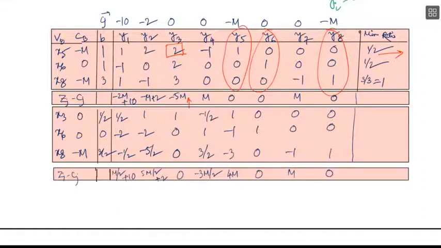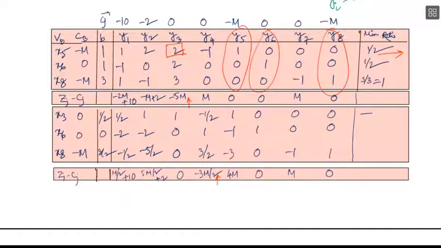Here also we see there is a negative component in zj minus cj. So x4 will come into the basis now, and we have to decide the departing variable. As we see in the column of y4, the first component is negative, so we leave the first ratio.